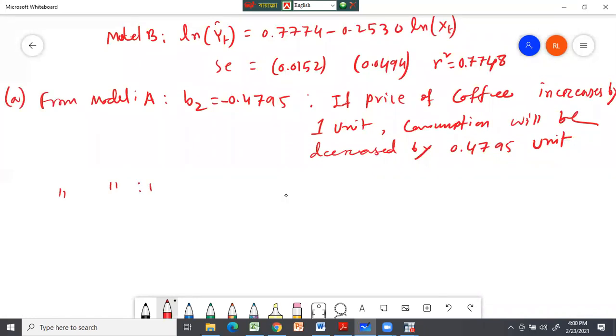From model B, the B2 value is minus 0.2530.